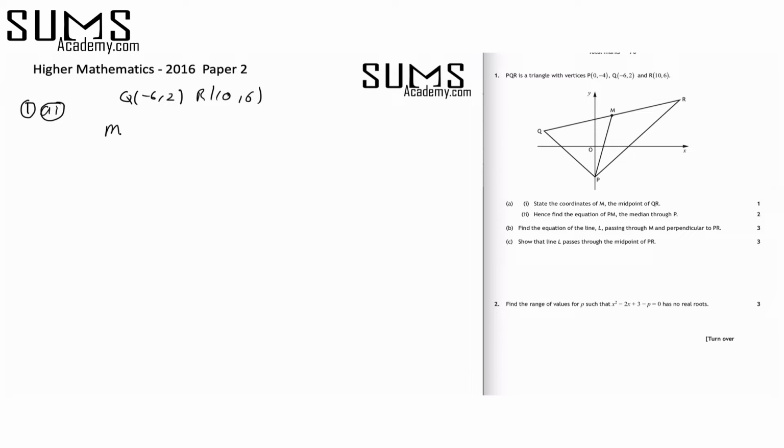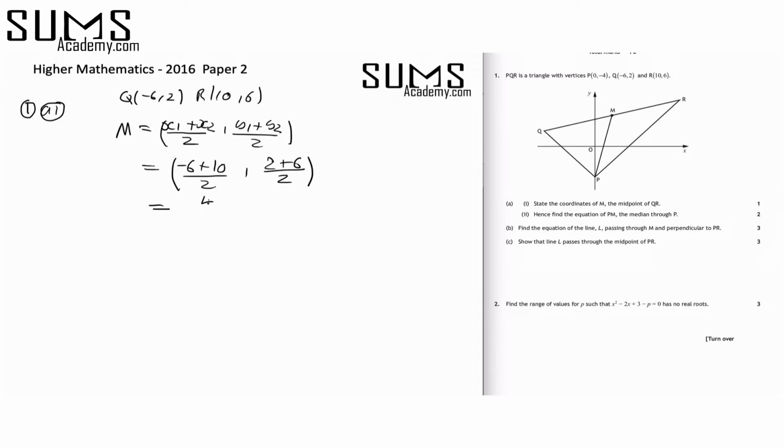So the midpoint, which is just called M in this question, is equal to x1 plus x2 all over 2, and y1 plus y2 all over 2. This works out to be -6 plus 10 over 2 and 2 plus 6 all over 2.